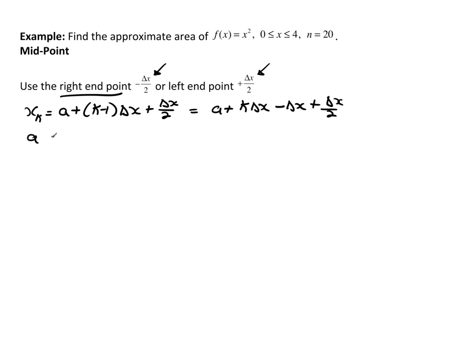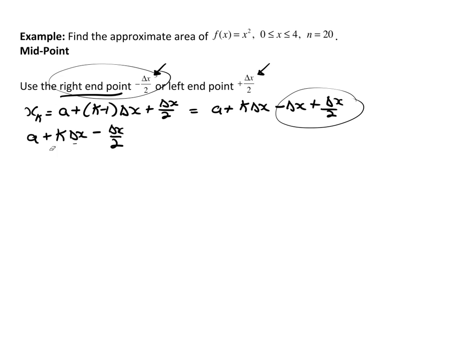So this is going to be a plus k times delta x. Combine these, and I get a minus delta x over 2. Now notice right here, this piece is the right endpoint. If I use the right endpoint and subtracted delta x over 2, like this, that's where I'd start off with. So I start off with the left endpoint and got to this point anyway.